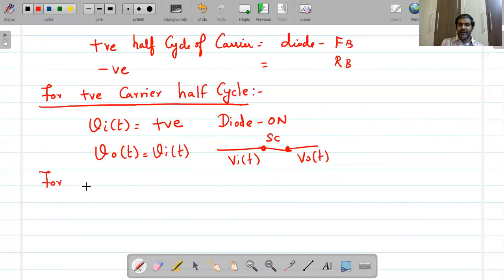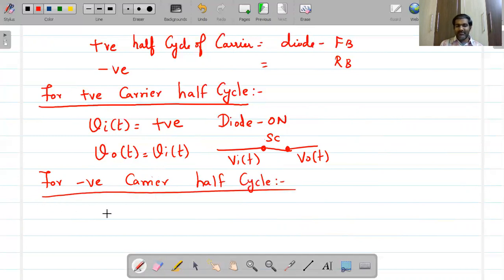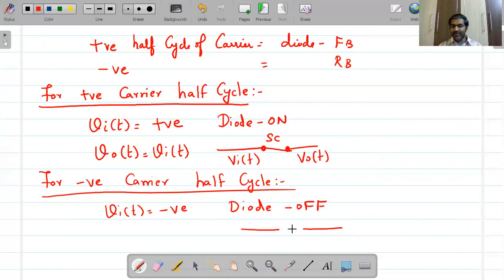Similarly, for the negative carrier half cycle, your input is negative. If my input is negative, my diode will be reverse biased. Diode reverse biased means the diode will be in off condition, so it will become open circuit. So this is VA of t and this is V naught of t.